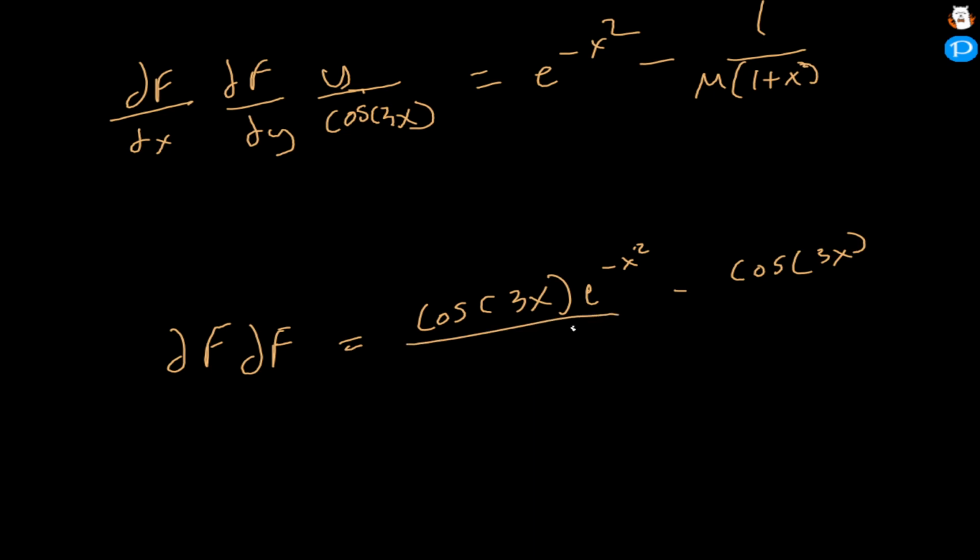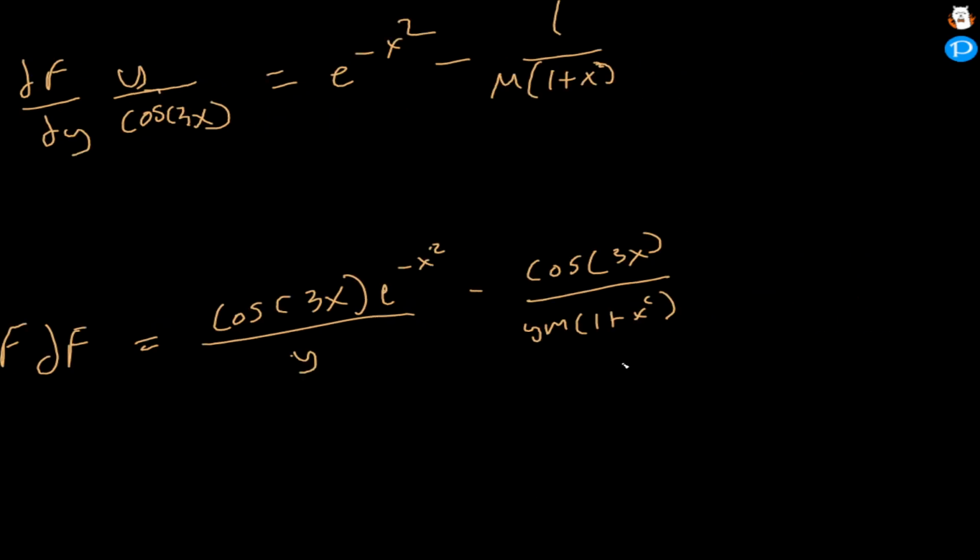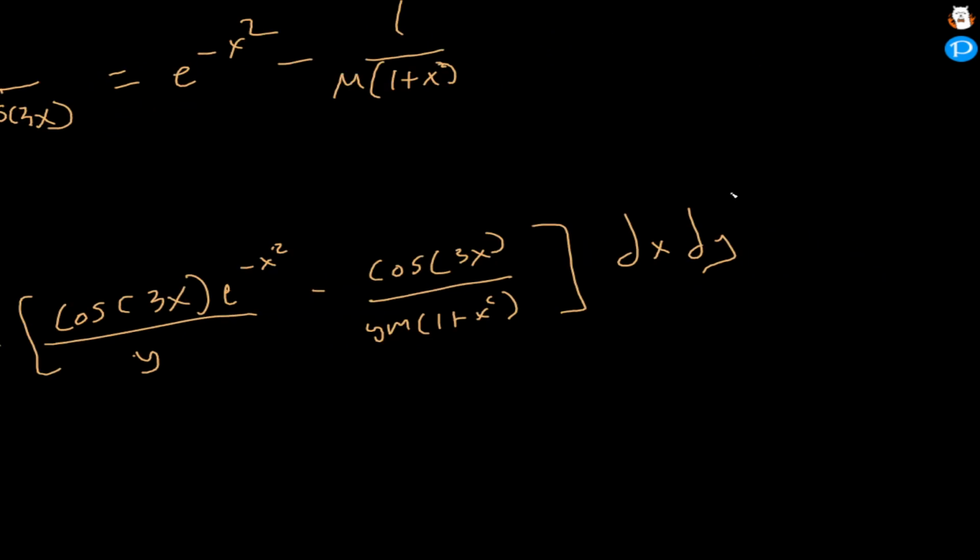And now we're going to say this, the y at the bottom, and then there's a y, 1 plus x squared at the bottom here. And this is all multiplied by a dx dy. And so these would just go over to this side.